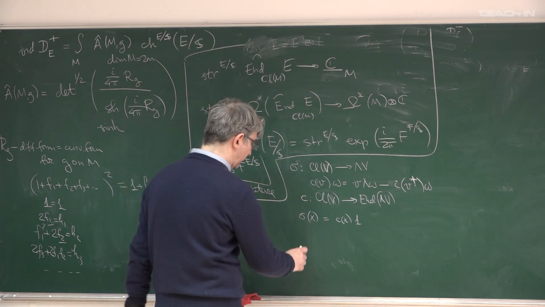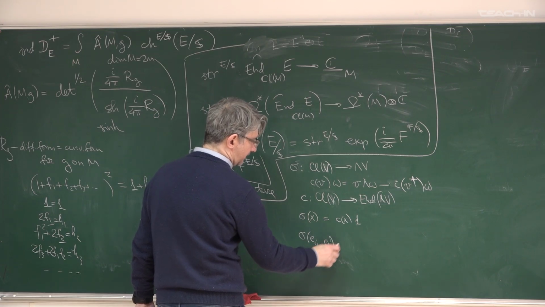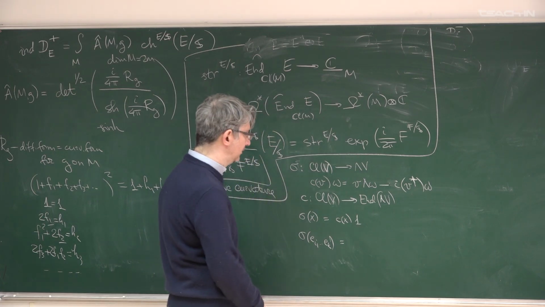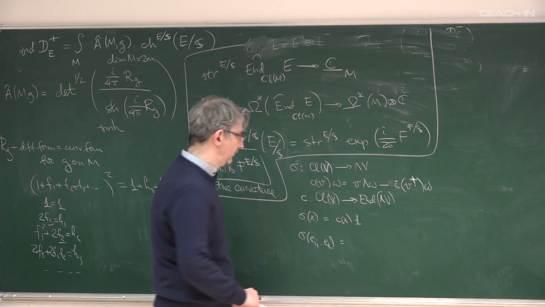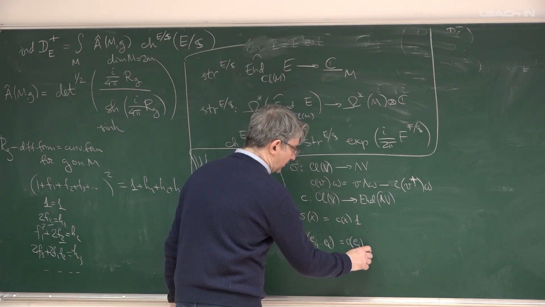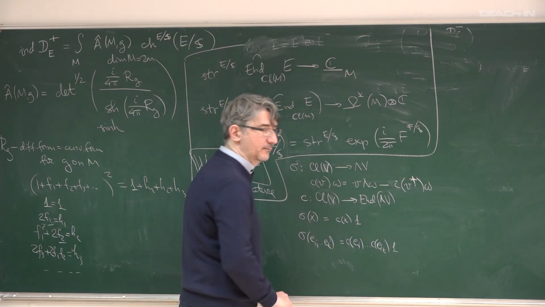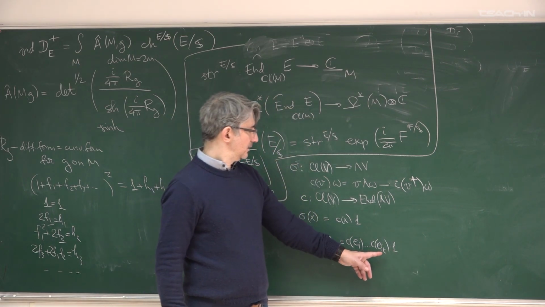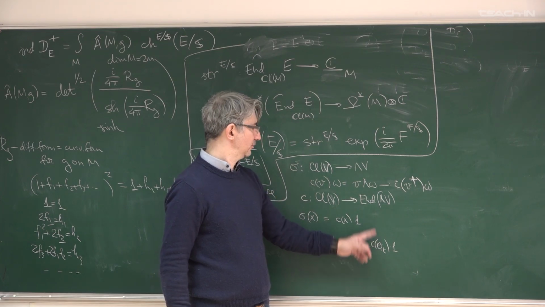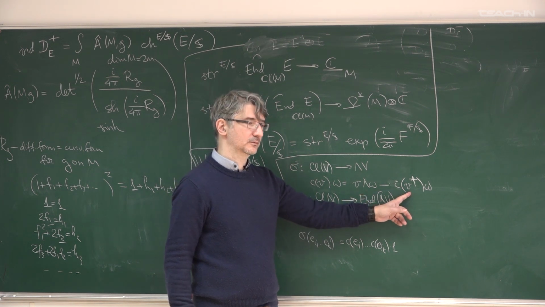For example, if I take e_1 through e_k, you can guess what happens. It's a homomorphism, so you need to calculate C of e_1, and so on, C of e_k applied to 1. Look here. Then you calculate C of a vector. You take the exterior product and the internal product.